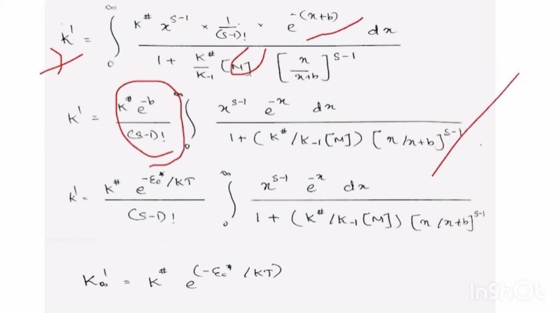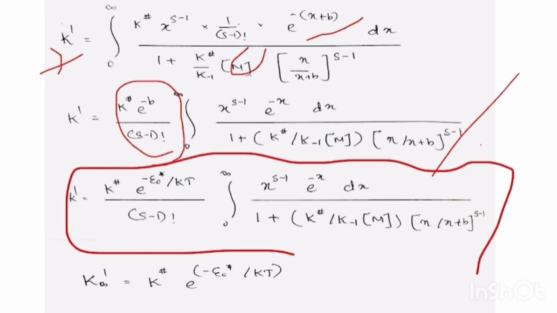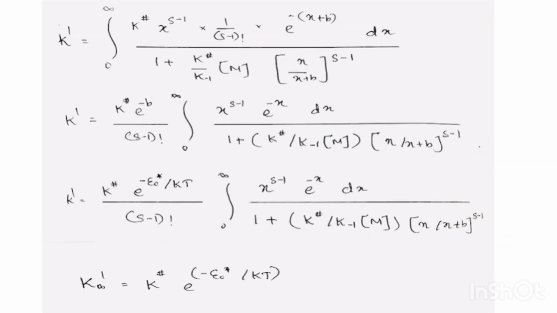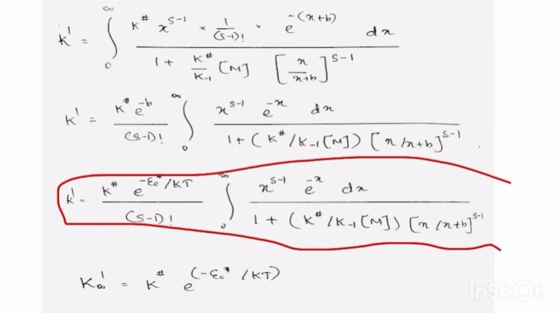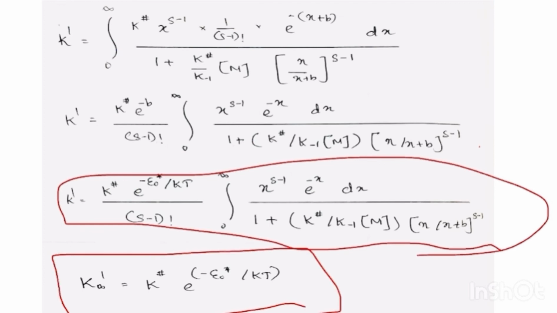This can be written as follows, just like this. And when the concentration of M is very large, that is the high pressure first order limit, this big expression reduces approximately to k infinity dash is equal to k dash into e raised to minus epsilon 0 star by kT by this assumption.